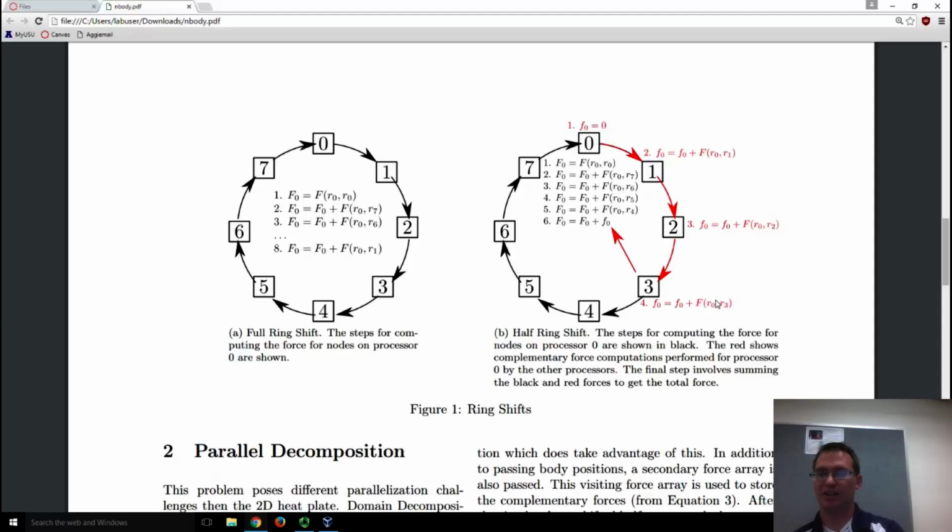So that's a half ring shift. Everything gets turned halfway, and then they all send the little f arrays back to where they came from, at which point the last step is to add the two force arrays together.